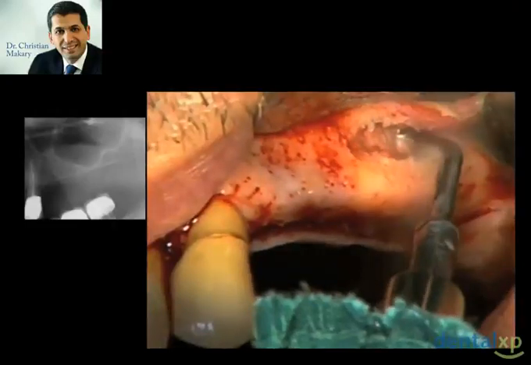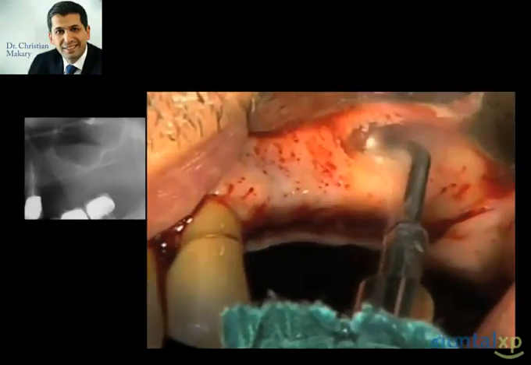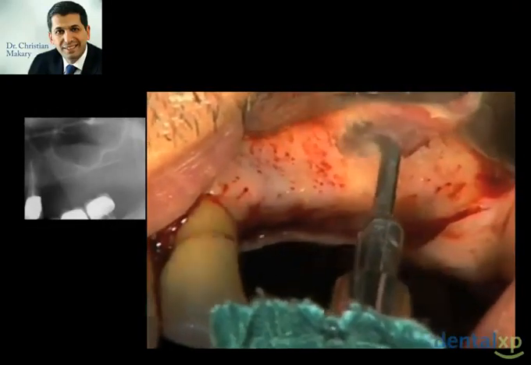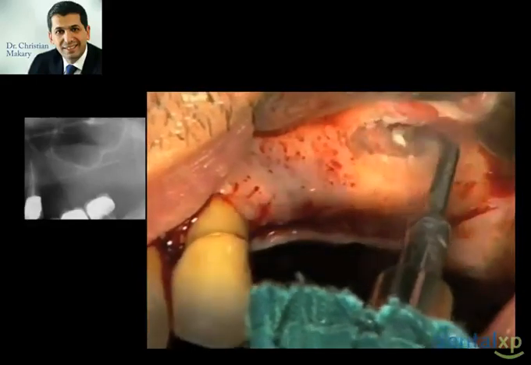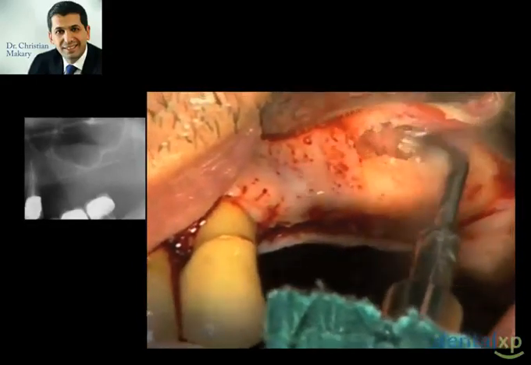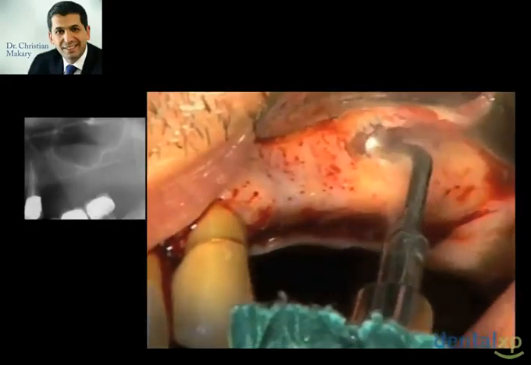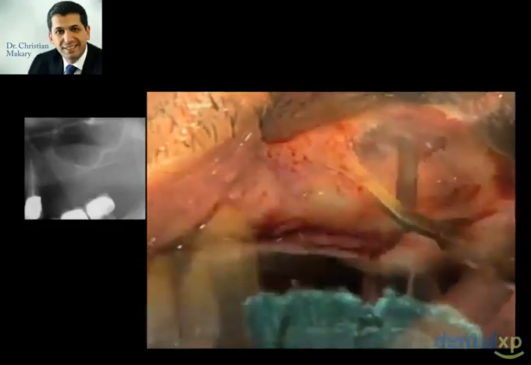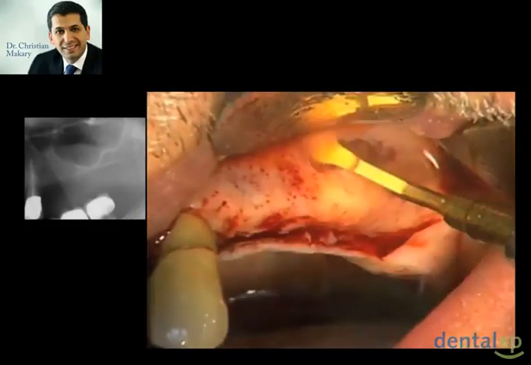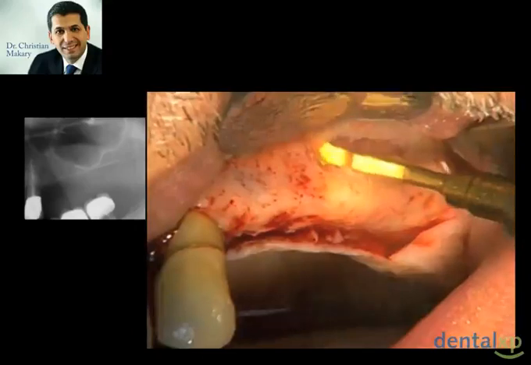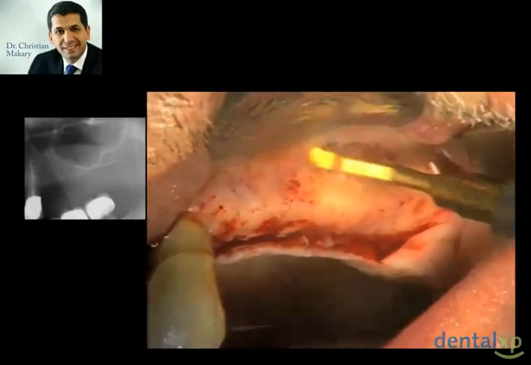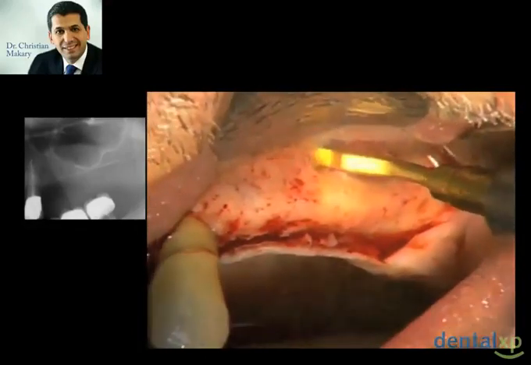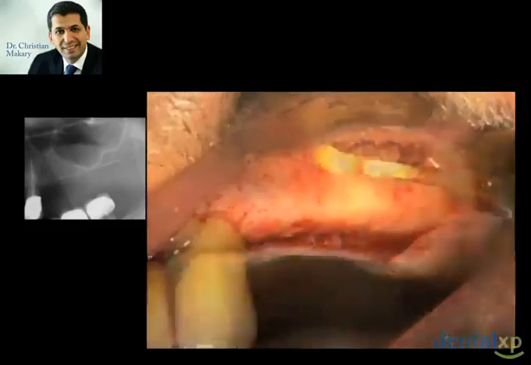Then with this reverse cone insert, we start detaching the Schneiderian membrane from its bony environment, and we can also use in this case some inserts that fit more into the distal and the mesial part of the sinus, and this will allow us to detach the Schneiderian membrane in these specific parts.